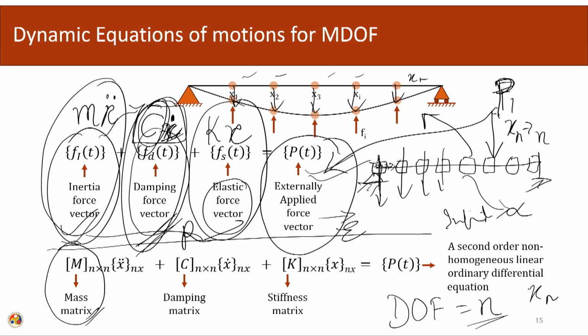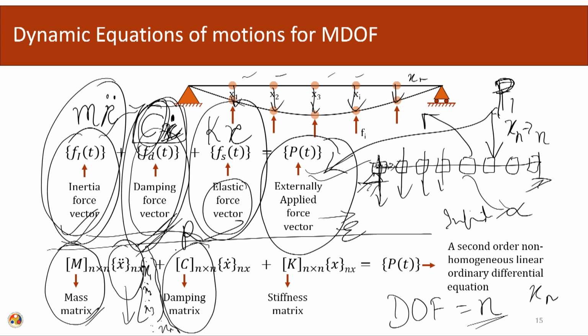So, the mass matrix is an n cross n matrix, and then there will be the acceleration associated with each of the degrees of freedom. Basically here it will be x1 double dot, x2 double dot, x3 double dot, and so forth till xn double dot. So, there will be an acceleration component associated with all the degrees of freedom.